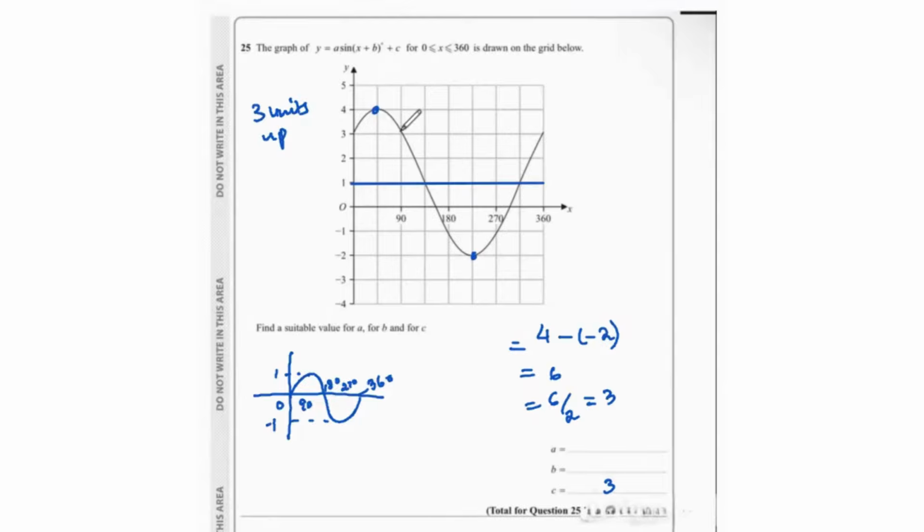Since we moved the graph 30 units to the left-hand side, that means we're adding 30 degrees to x, which means b is going to be 30. Then for a, which is the amplitude, that is your distance from the center of the graph towards the peak, which is 1, 2, 3, 3 units. So that is your value of a. So that's your answer.